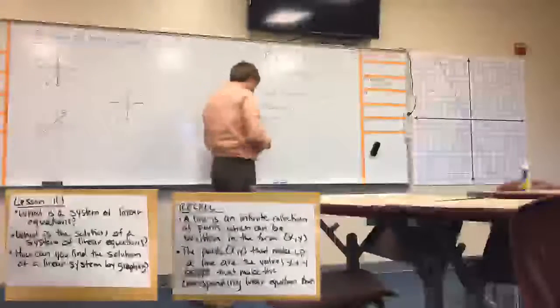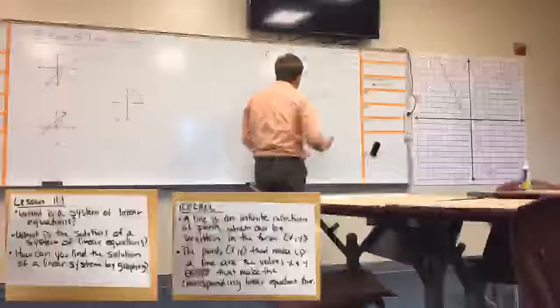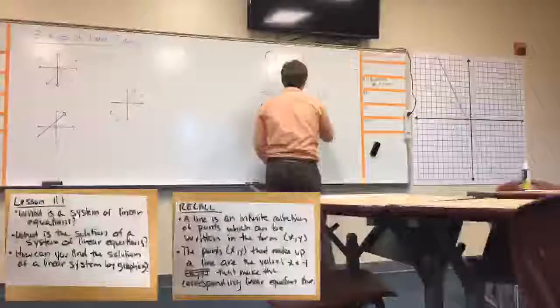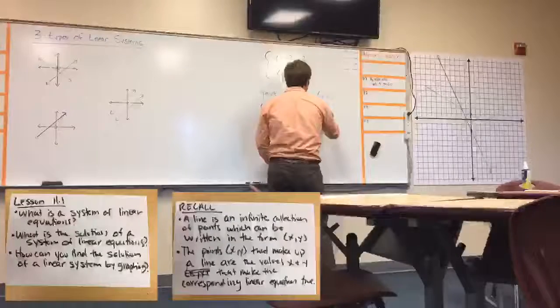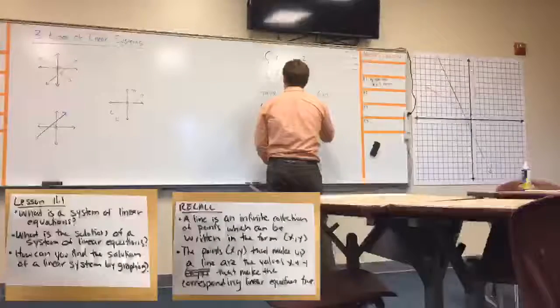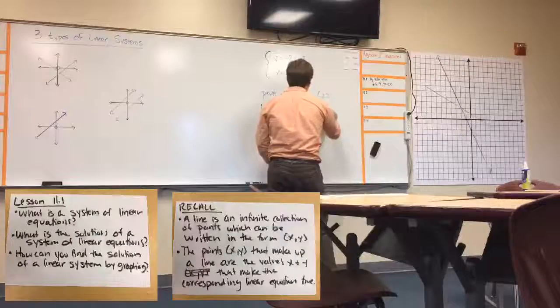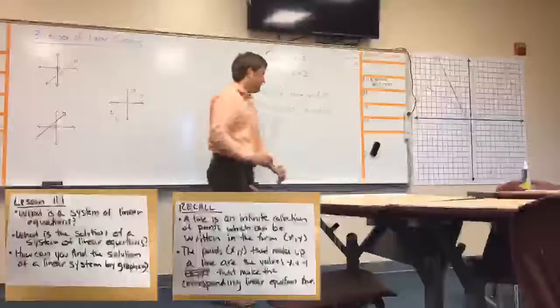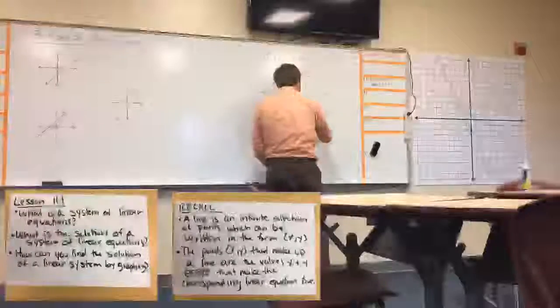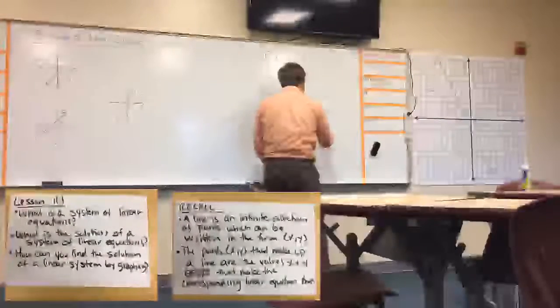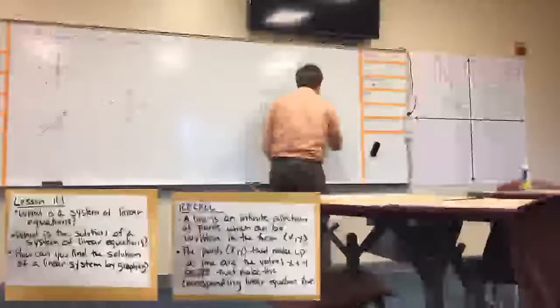Then I'm going to check the second one. I have x plus 2 times y, which is negative 2 plus 2 times 2, equals 2. So negative 2 plus 4 is 2, and 2 equals 2.